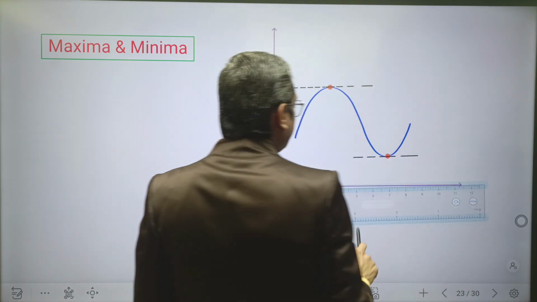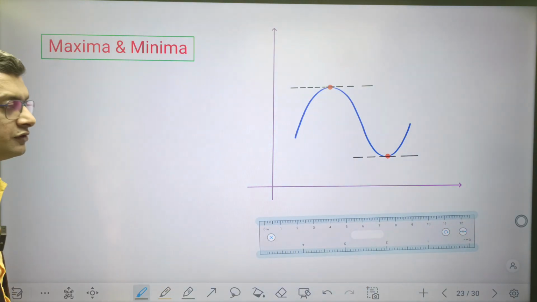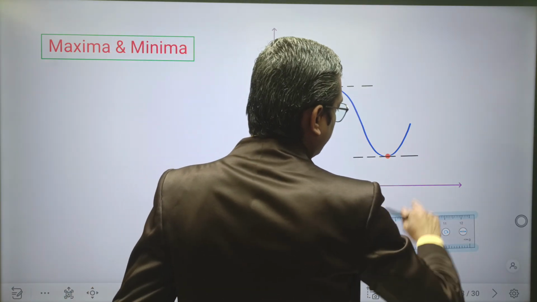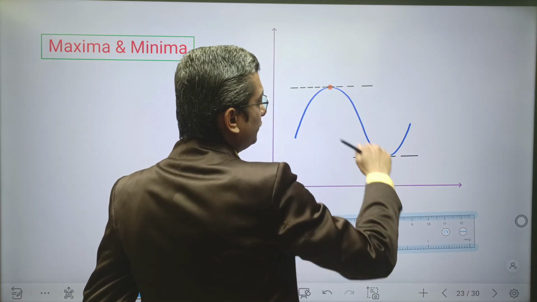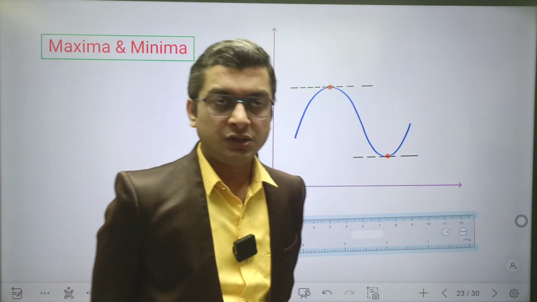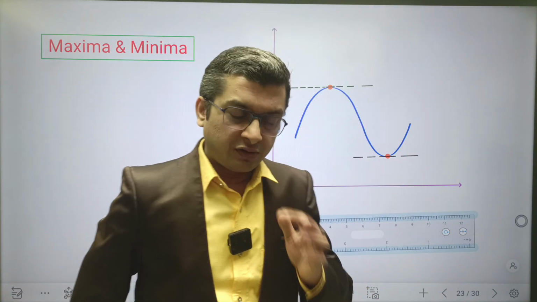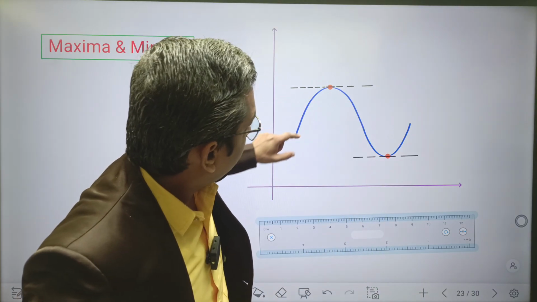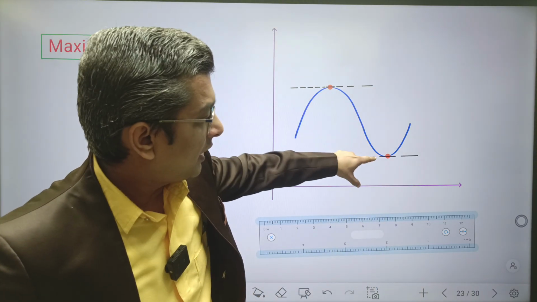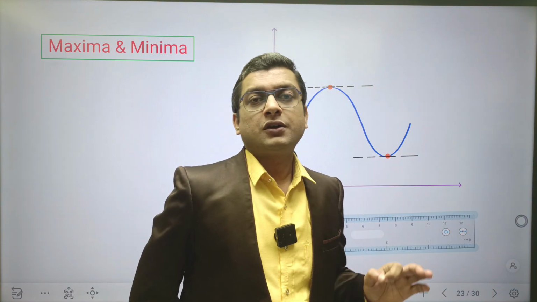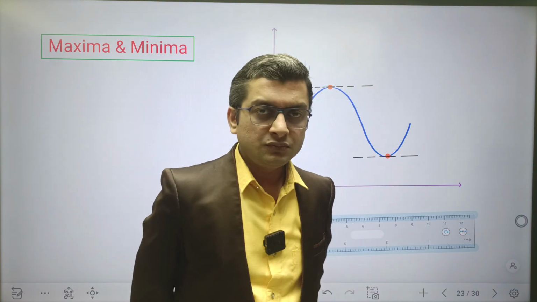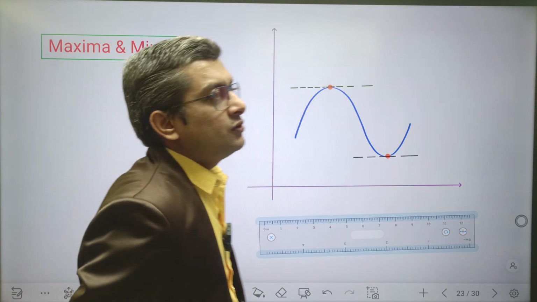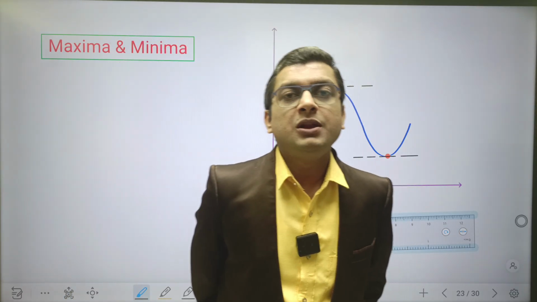As we learned just 20 to 30 minutes before, this line is parallel to the x-axis, so the slope of these two lines is equal to 0. This is very important information. Whenever the curve reaches its maximum value or minimum value, the slope of the curve becomes 0. This is the logic of finding the maximum and minimum value of any function.